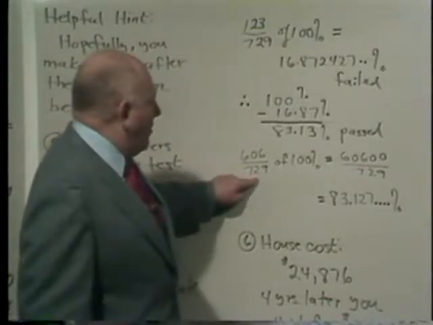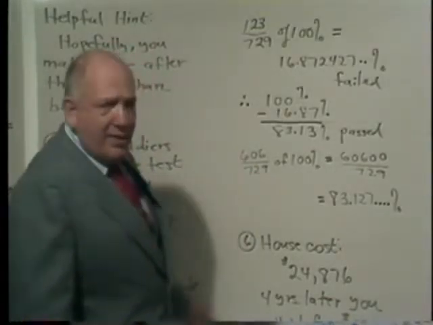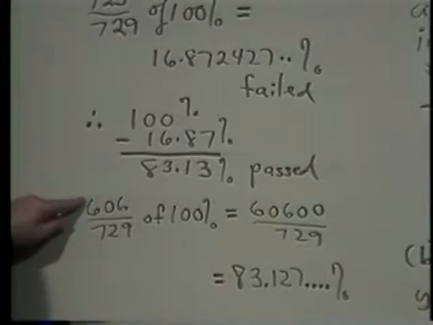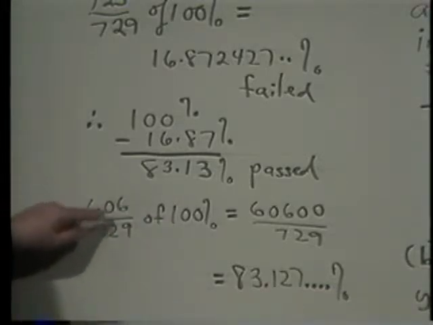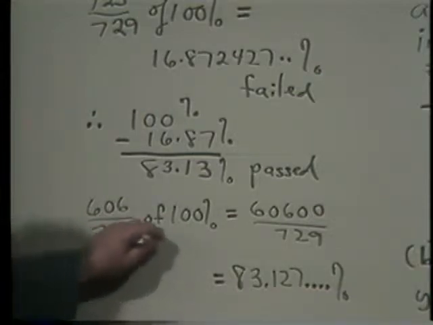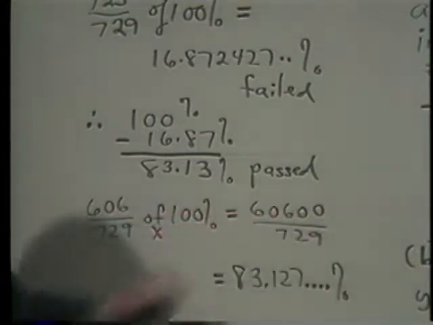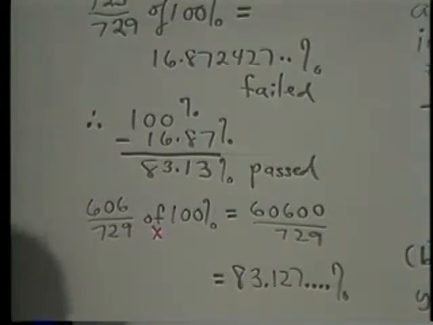If you want to do this problem in one step, notice that the passing rate as a fraction is 606 out of 729. So if you take 606 out of every 729, how many are you taking out of 100? It's 606 729ths of 100. And so you do what? You multiply the 606 by the 100 to get 60,600. Your denominator is 729.